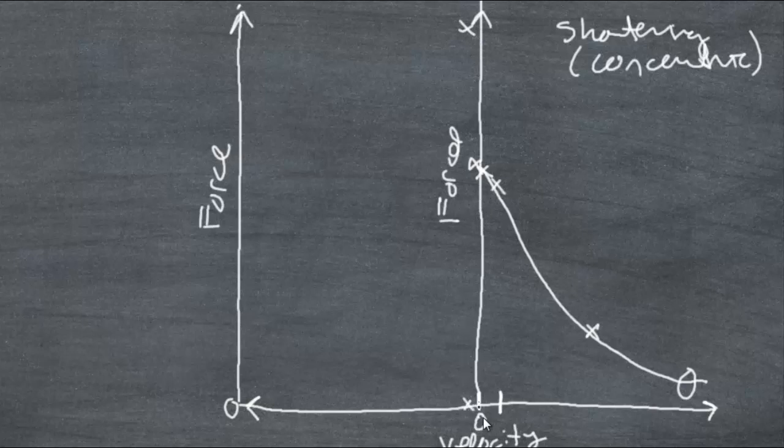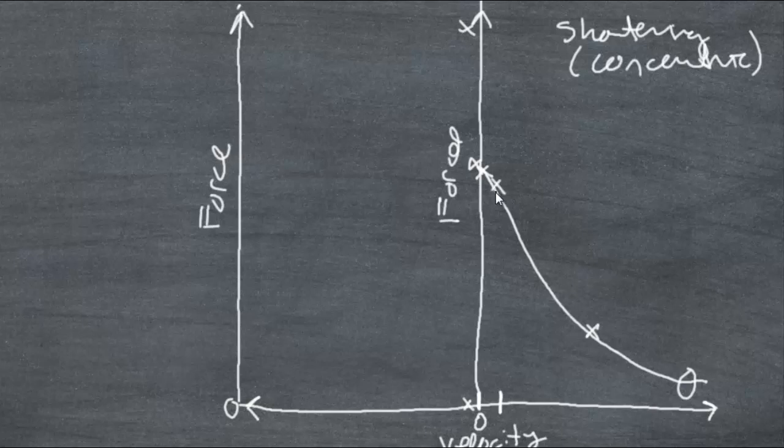Force is 0 here. So when we're doing a slow bicep curl, we can actually lift an awful lot. Think about that in the gym: it doesn't matter how much time it takes you to lift that dumbbell, you're going to be able to generate a lot of force and lift that weight.